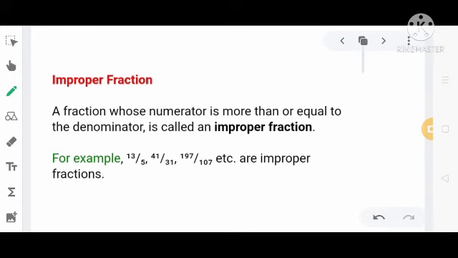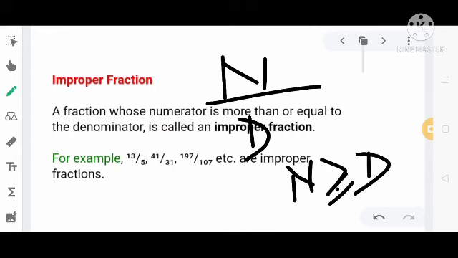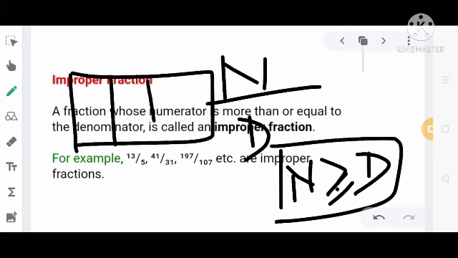Next, improper fraction. A fraction whose numerator is more than or equal to the denominator. If the numerator is equal to or greater than the denominator, then it will be an improper fraction. What does that mean? Suppose you have a piece of chocolate and you cut it into 4 equal parts.